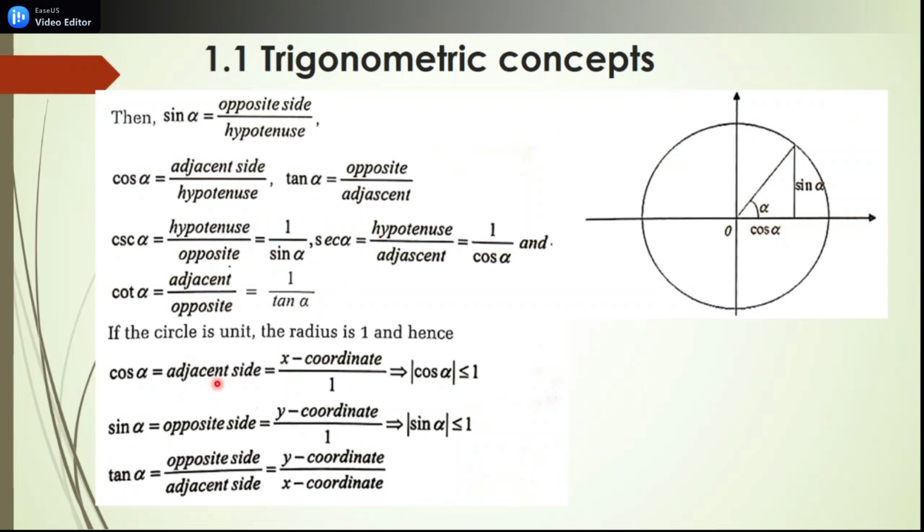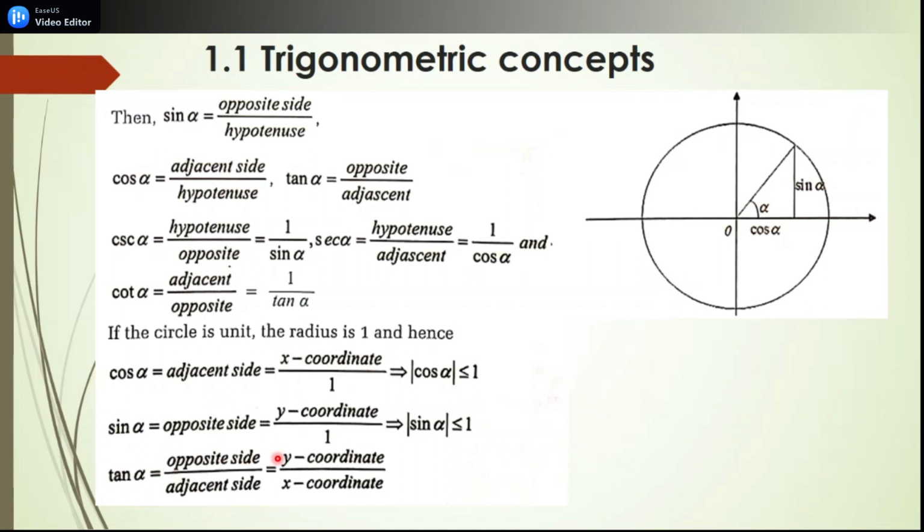Now when we consider a unity circle here, the circle of radius 1, we can find the adjacent side. Cosine is equal to the adjacent side, and the sine is equal to the opposite side, because when we divide by 1, we remain with the value of the adjacent or the opposite side, because the radius is equal to 1.